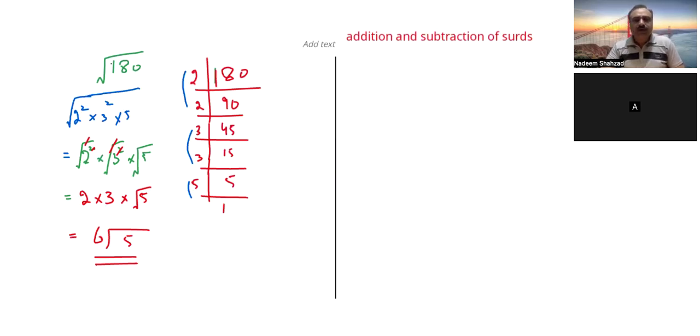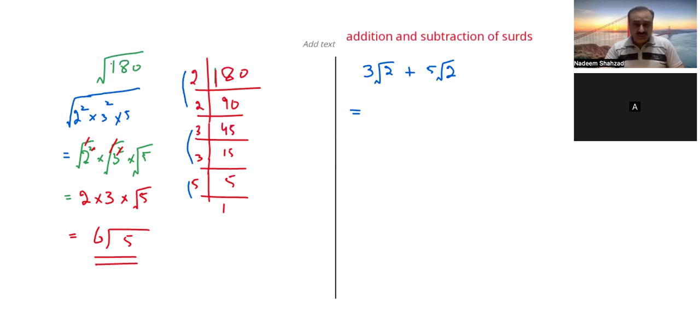So the next aspect is addition and subtraction of surds. It's simple. Suppose we have 3 square root 2 plus 5 square root 2. In this aspect, we will take the common. Whenever we have to subtract or add surds terms, we will take the common square root terms.